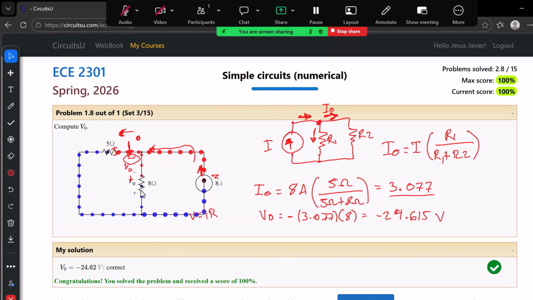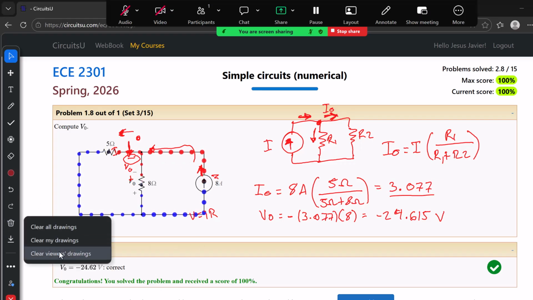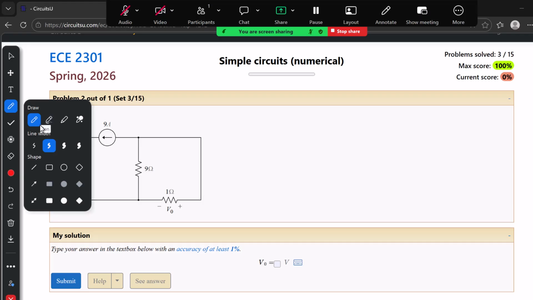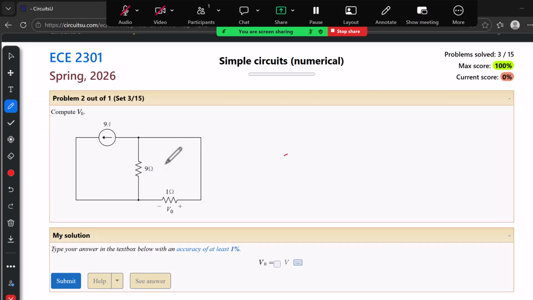So now let me solve a similar problem, but now using resistance simplification. In this case, remember that this resistor has a parallel connection with the 9 ohms. Notice that both of them share the same terminals, as there's only wiring between them.